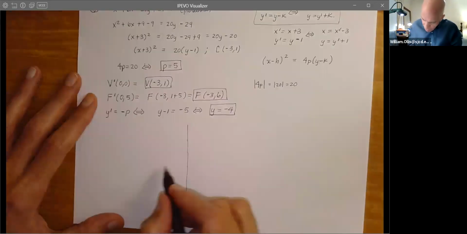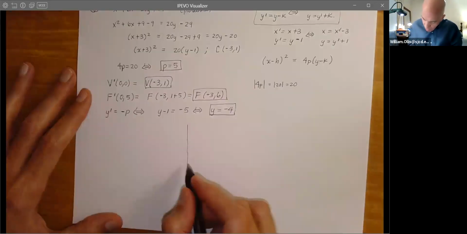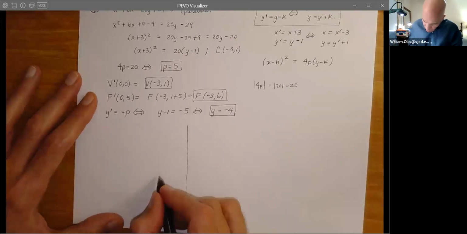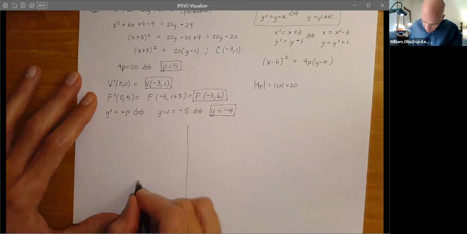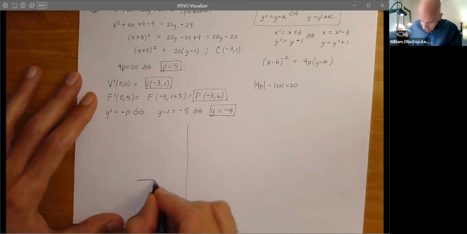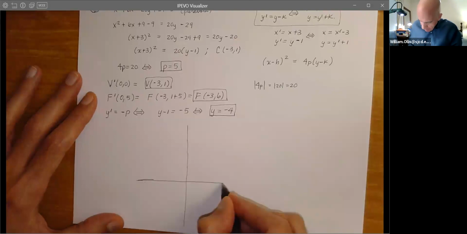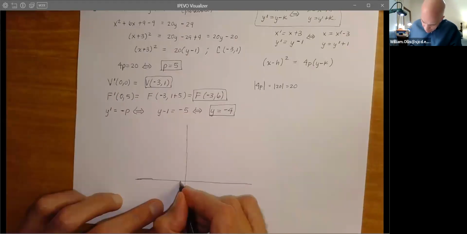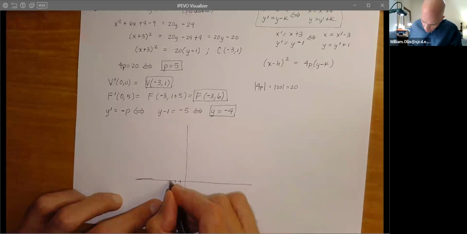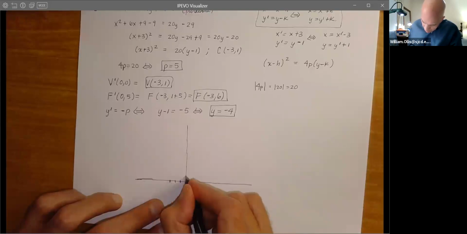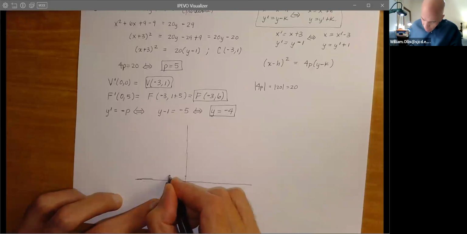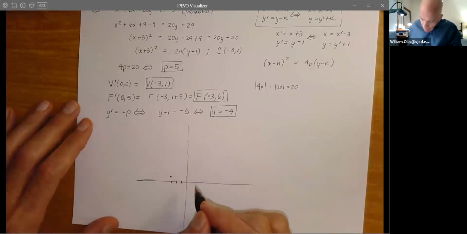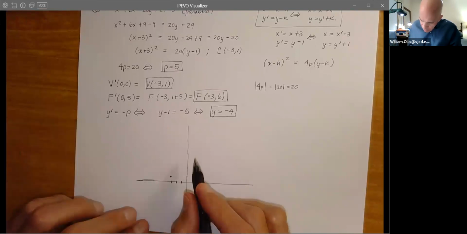I don't think I'm going to, half of that's 10, but we'll see. I don't want to draw points all day long. So let's just say here we've got negative 3, 1. So about right here. So there's our vertex. And then, if you will, our focus is negative 3, 6.